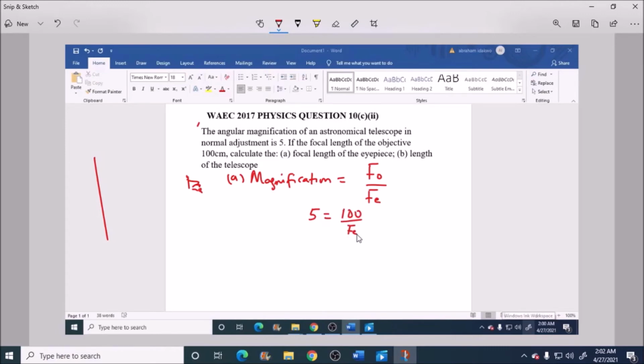So making Fe the subject of the formula, we have 100 over 5, which is equal to 20 centimeter. Now that is for A.